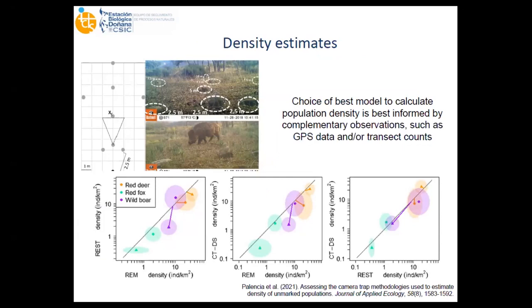This is a paper where they compare 3 different methods to calculate population density. And the conclusion is that depending on the circumstances, different methods work. And the best is that you use complementary observation from other data, GPS data, transect counts, to both inform model selection and inform model construction, and then select the best model.